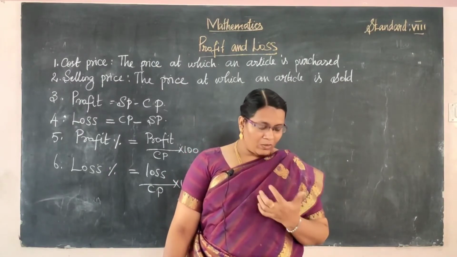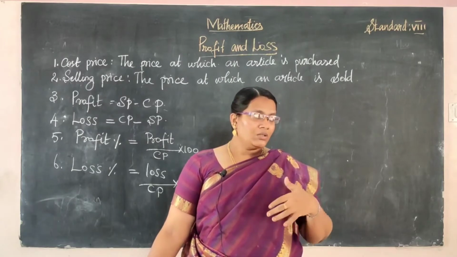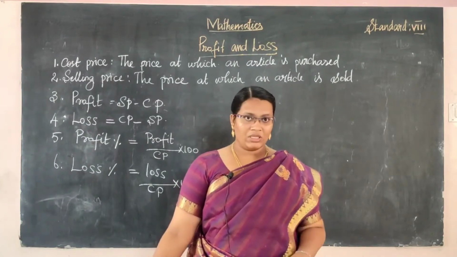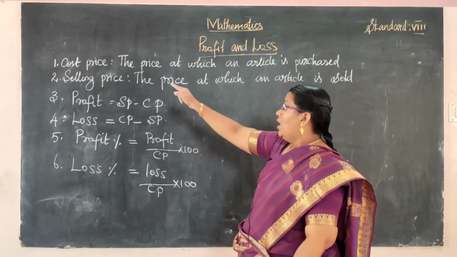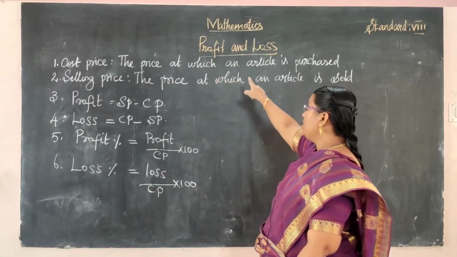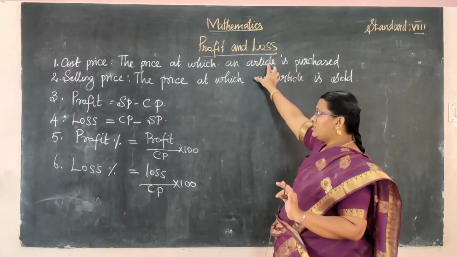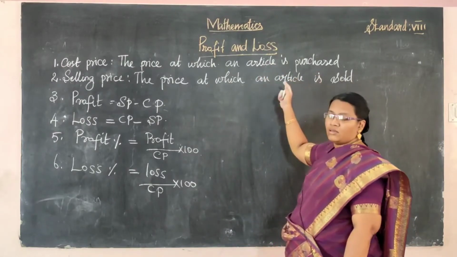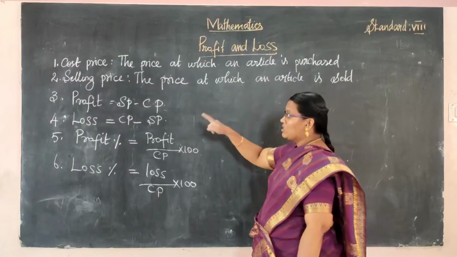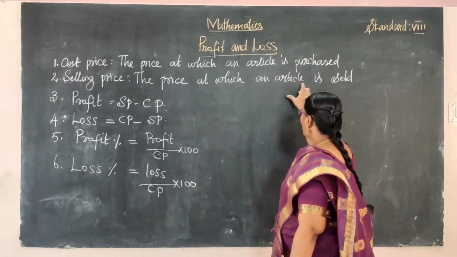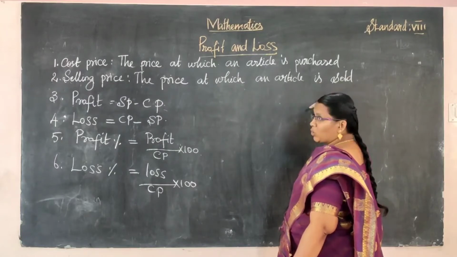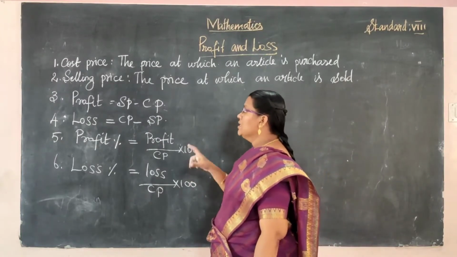For example, when an object is sold to another person, that price is called the selling price. See the board: the price at which an article or object is purchased is called the cost price. The price at which an article or object is sold is called the selling price.